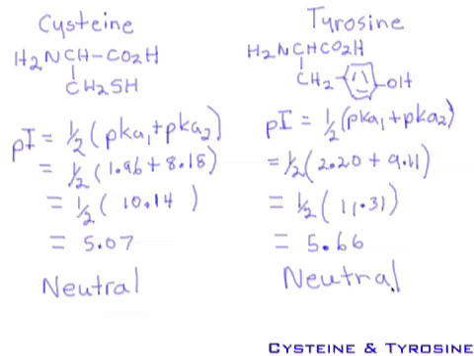So there you have it, all 20 amino acids. I hope I haven't missed any. By and large, the vast majority of the 20 are neutral, 15 of them, as a matter of fact. Only aspartic acid and glutamic acid were acidic amino acids, and arginine, histidine, and lysine were basic amino acids.